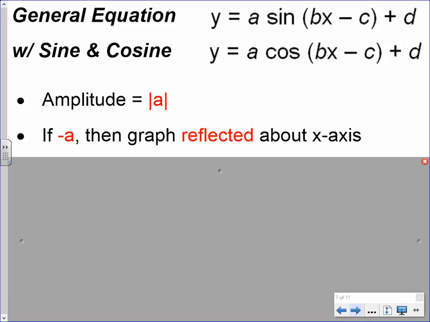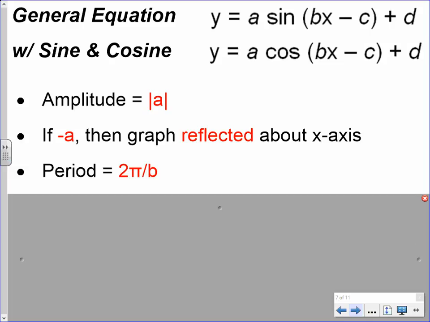So that's going to affect the period. A simple way to determine how this is stretching or shrinking, since the parent function has a period of 2 pi, is to take 2 pi divided by b, and that'll give us our period.